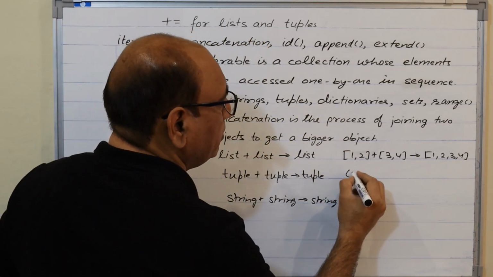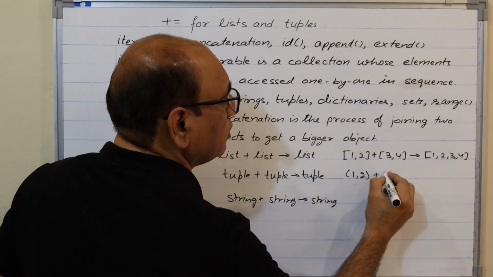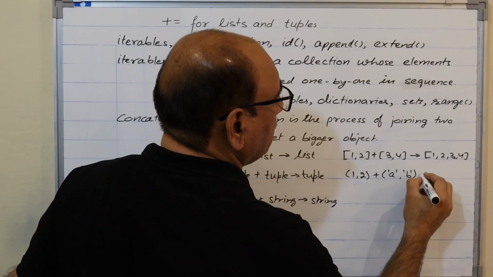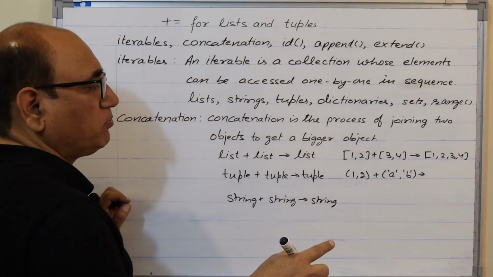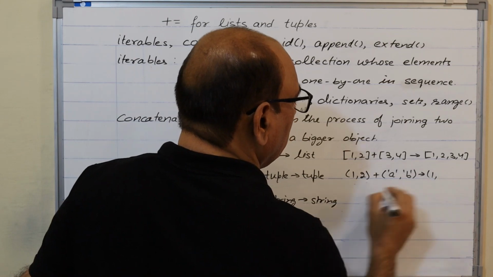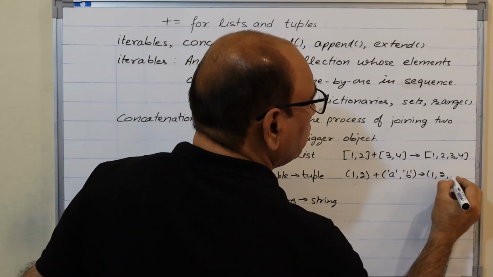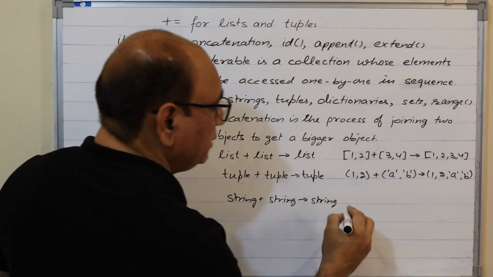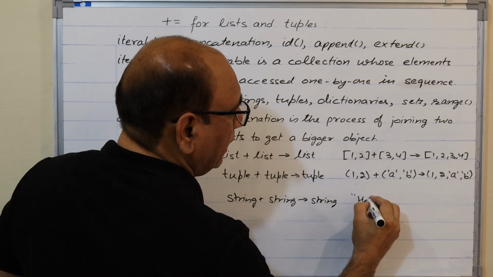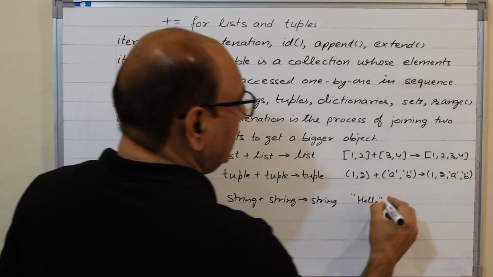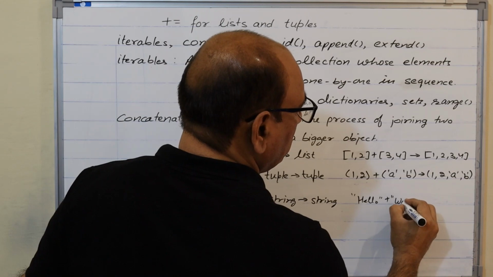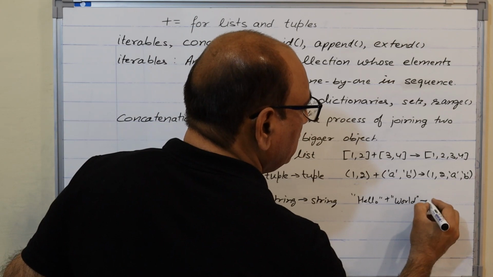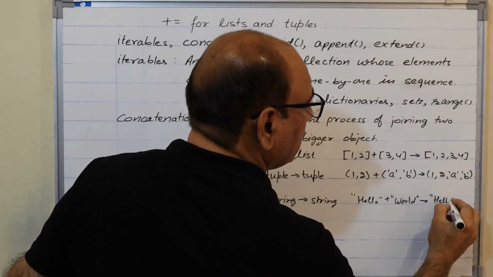Similarly, if I have a tuple containing elements 1, 2 and another tuple containing elements A, B, if I concatenate these two tuples, I will get a bigger tuple containing these four elements 1, 2, A and B. For strings, suppose I have a string hello and then I have a string world. If I join these two strings, I will get a bigger string which is hello world.